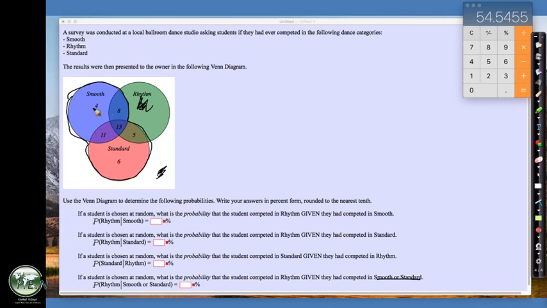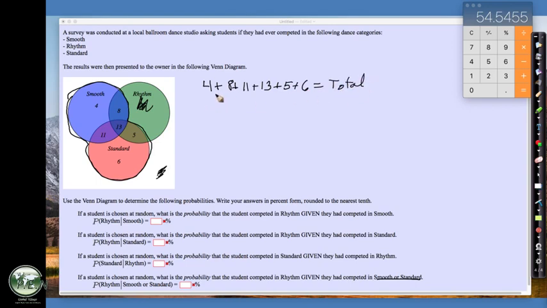So I'll do it up here. We're going to add all these numbers together. We don't add them twice if they're in the middle, we just add them all once. So we've got 4 plus 8 plus 11 plus 13 plus 5 plus 6. This gives us our total that we're drawing from.